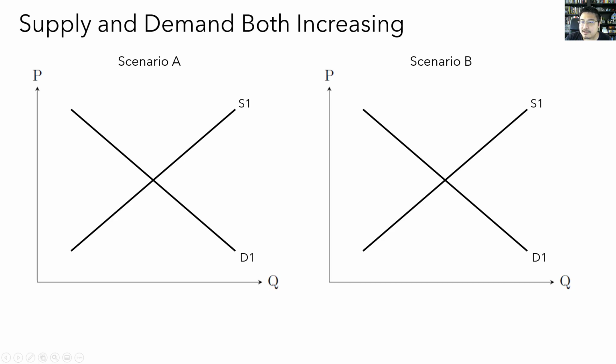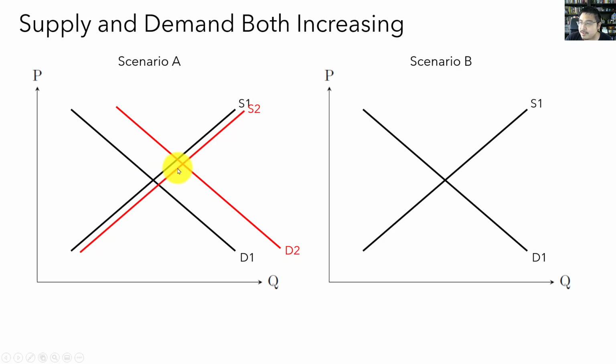So for this slide, we're going to be looking at when supply and demand are both increasing. And in fact, what happens depends on two possible scenarios, okay? So in scenario one, we have the demand curve increasing by a lot and the supply curve increasing by a little. And so in this scenario, we see that the old equilibrium is here and the new equilibrium is here.